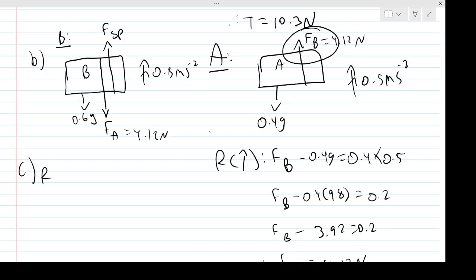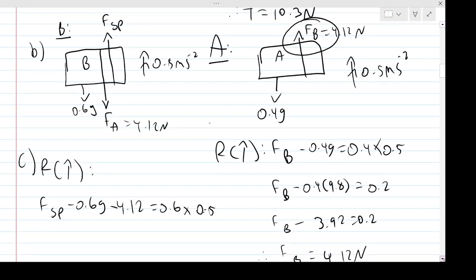So if I resolve upwards, then I can find this force F of SP, the force of the scale pan that's put onto B, which is what I want. So if I resolve upwards, I'll get F of SP, take away 0.6 G, take away 4.12, and that's going to equal MA. So it's going to equal the mass of B, which is 0.6 kilograms, times 0.5.